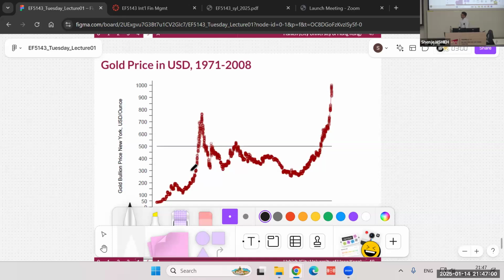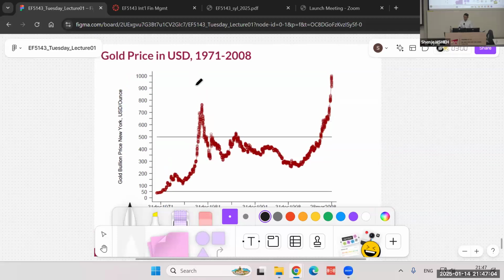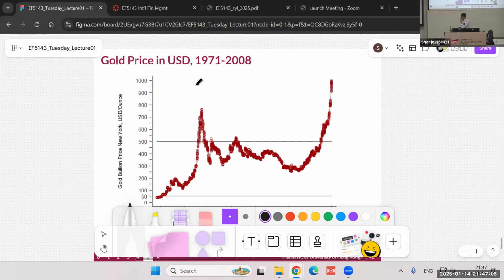As a result of this abandonment, gold price has been a metric of basically how confident you are with fiat currency. So during various crises, there has been flight to safety, right? Gold is the safest asset you can imagine if you lose confidence in your country.